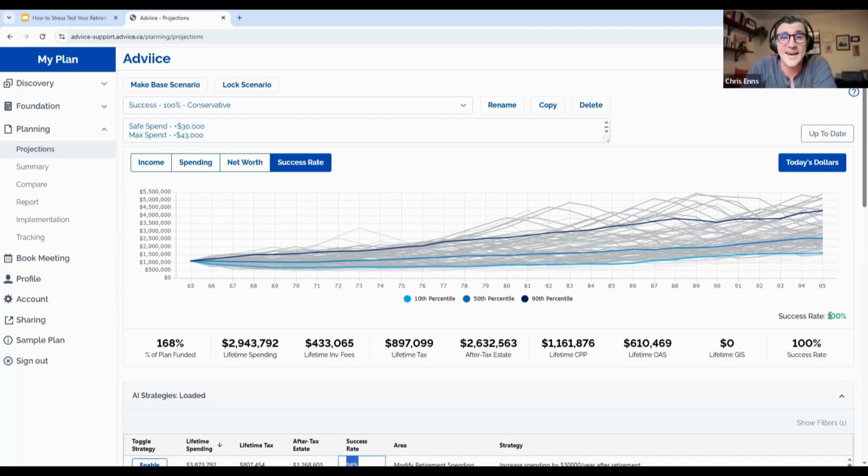Go ahead, Chris. I'd just like to add that this is where the goals for your retirement matter. If you're somebody who is really trying to prioritize leaving an estate behind or maximizing what you're leaving behind, when you look at a scenario like this, you say, well, I'm reaching my goal spending, it's successful. That might be exactly what you'd like to do.